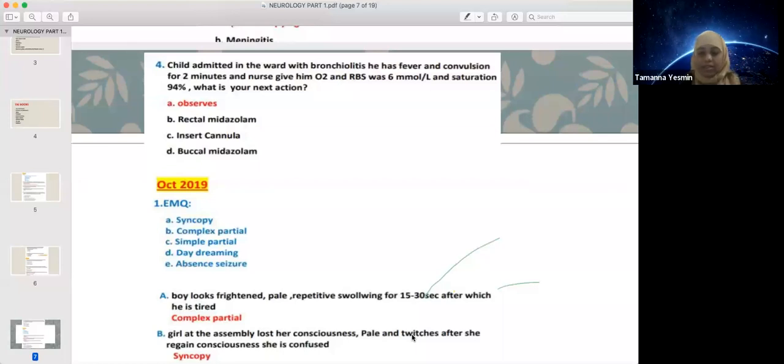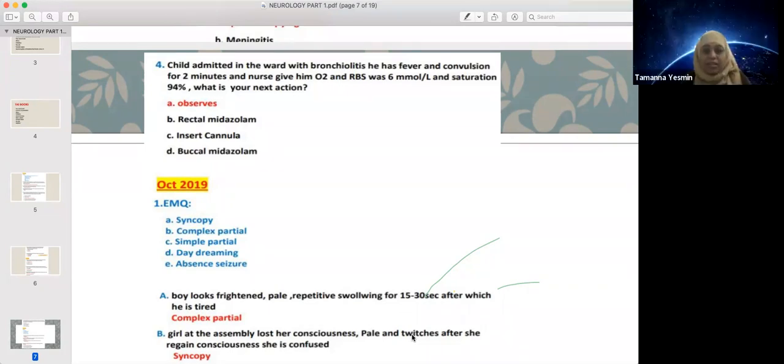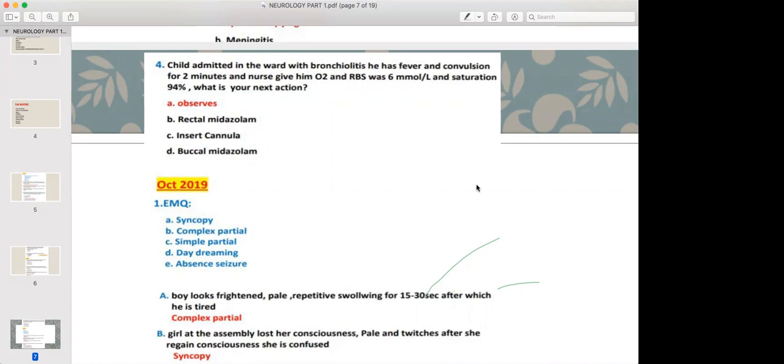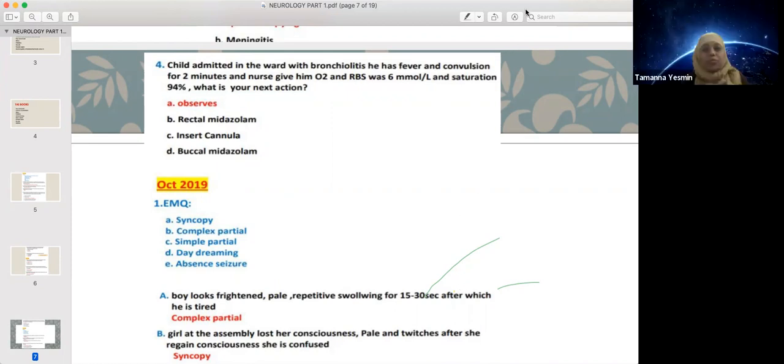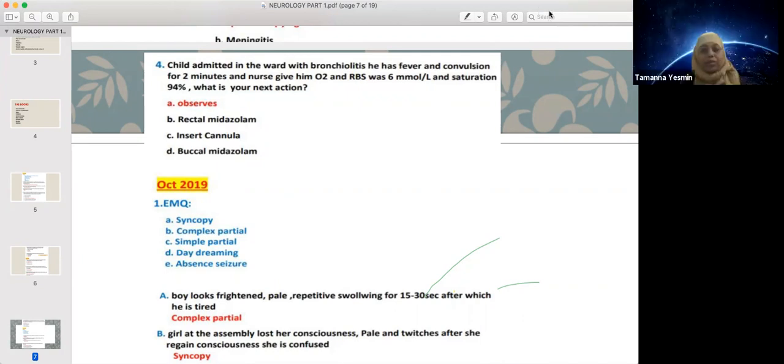What are the red flags? Red flags are like cyanosis, breathlessness, or pale, or respiratory difficulty. These are the red flags. We teach the parents that these are the red flags, then only start the treatment. So we have to remember this when we give anti-epileptic drug, this is very important.